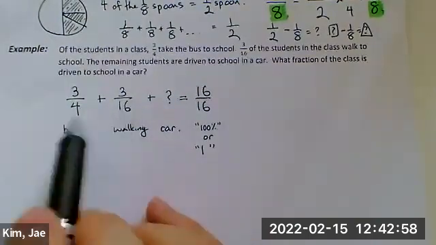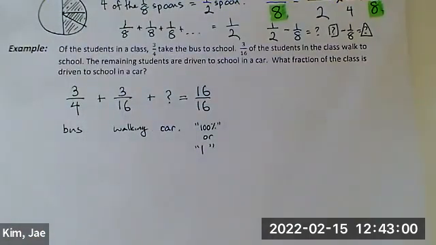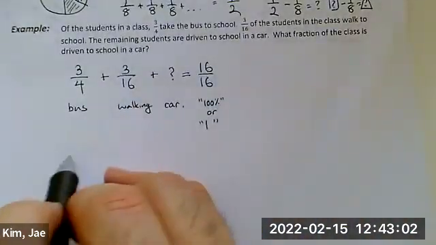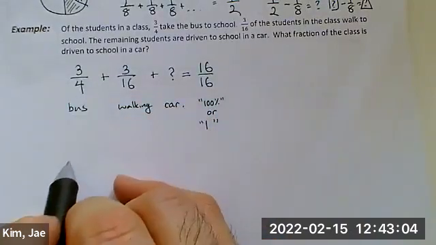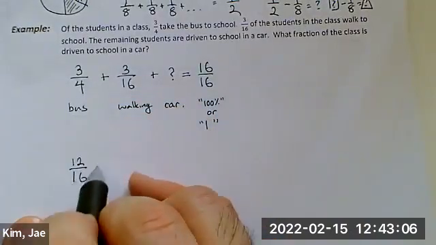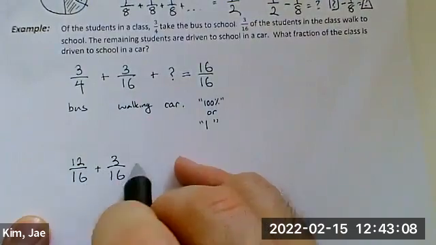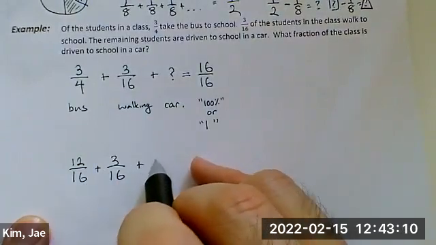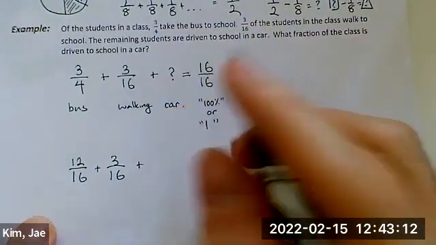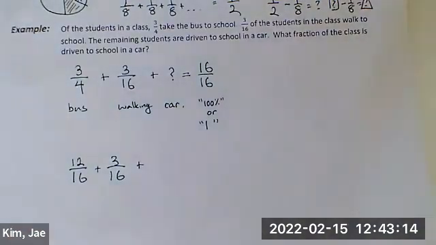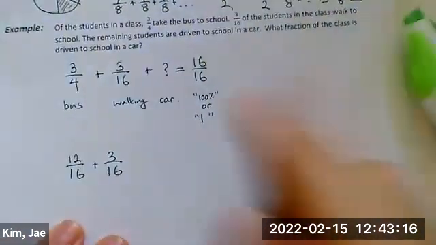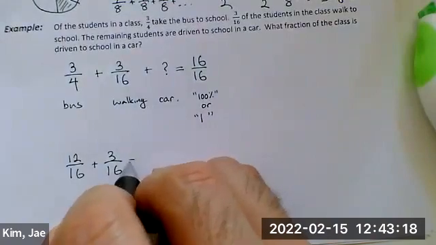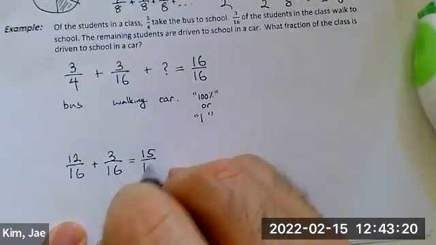So let's first add this up to see how many students are left. We've got, let's see, multiply by 4, 12 over 16, 3 over 16, plus, you know what? Let's add that up first. We have 15 over 16.